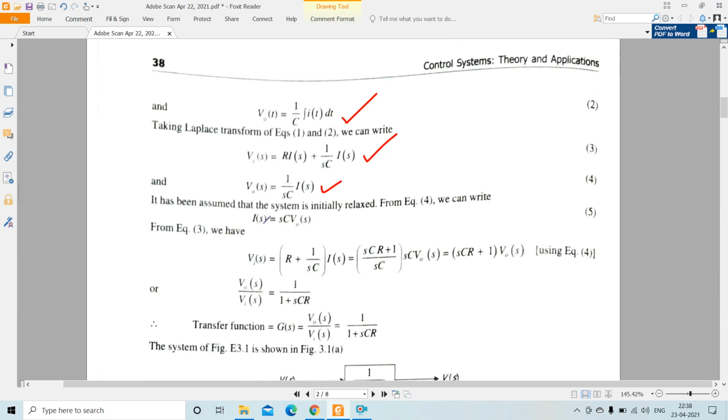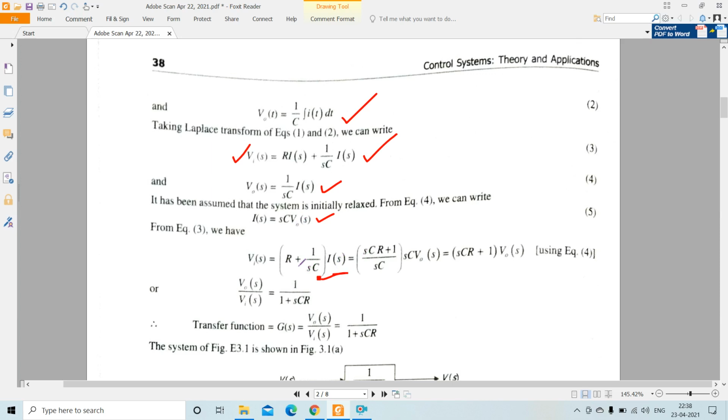So from this we find the I(s) expression, that is sC into V0(s). So we have to apply this I(s) here. From the expression Vi(s), we take I(s) common, so R plus 1 by sC into I(s). This is written here. So you have to apply this I(s) value from this expression.